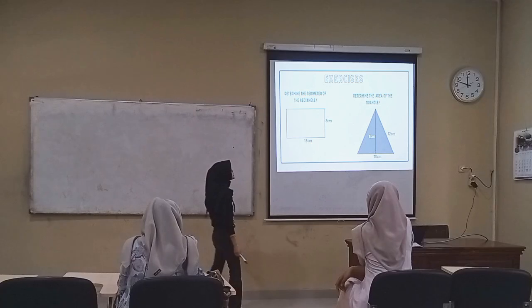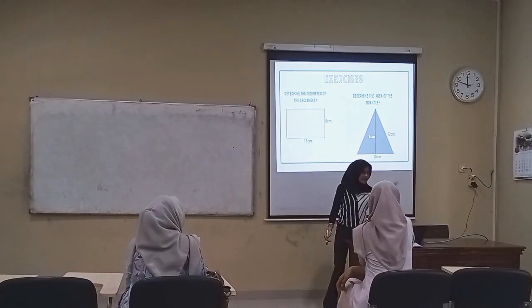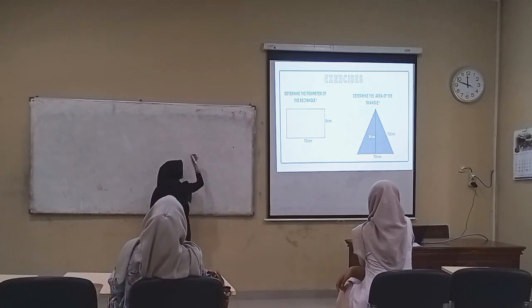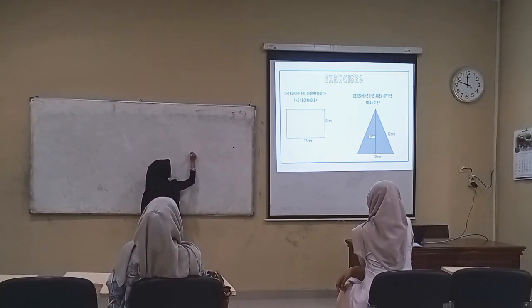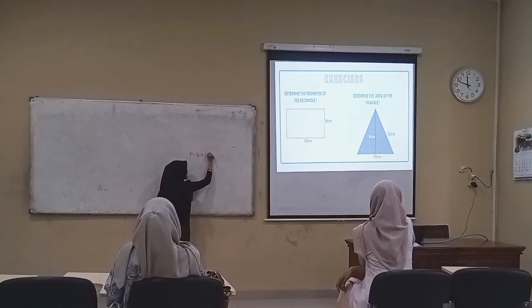Next is exercise, guys. Number 1 is determine the perimeter of a rectangle. Perimeter of a rectangle is 2 times length plus width.